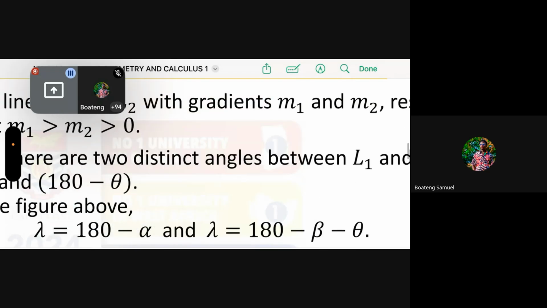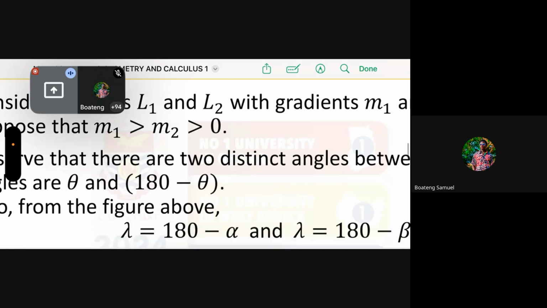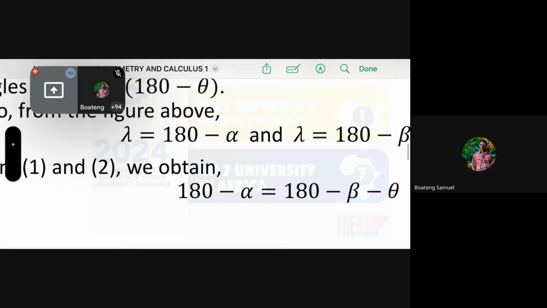But always remember that the gradient for L1 is greater than the gradient for L2. So anytime in a question, you should look for the biggest gradient, and that will be for L1, and then the smallest will be for L2.